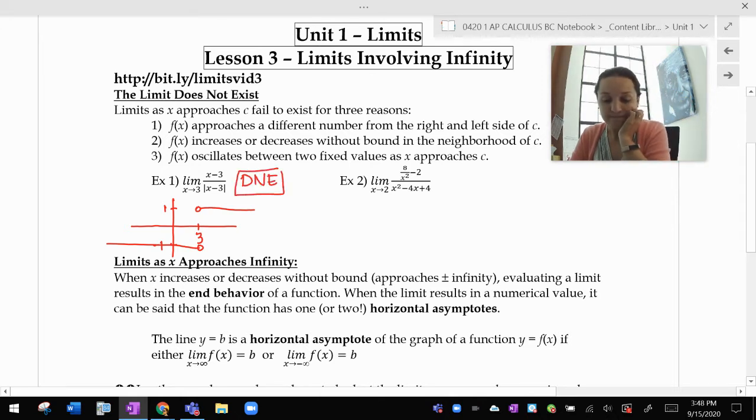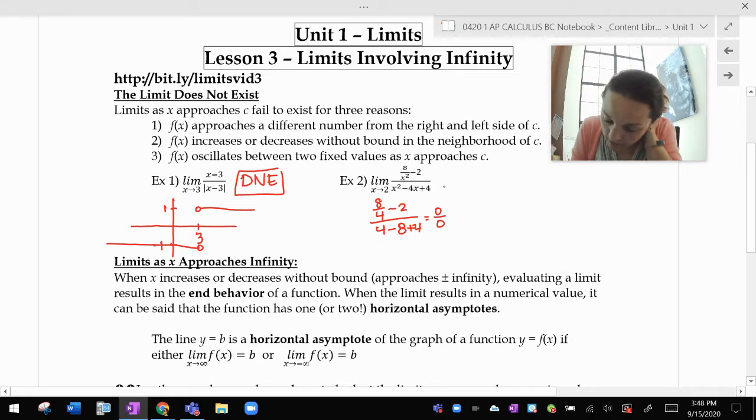Okay. Over here, I have the limit as x approaches 2, and if I were to plug in 2, I'd get 8/4 minus 2 over 4 minus 8 plus 4. I get 0 over 0, so maybe I can cancel things. I'm going to multiply the top and the bottom by x squared, because I don't like that complex fraction.